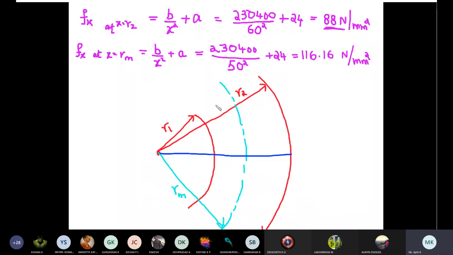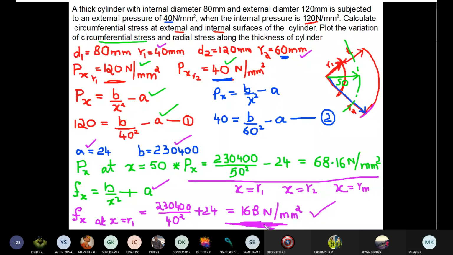After that, above this horizontal will represent the fx value, and below this horizontal will represent the px value. So the fx value at the innermost section, fx at x equal to R1, is 168.